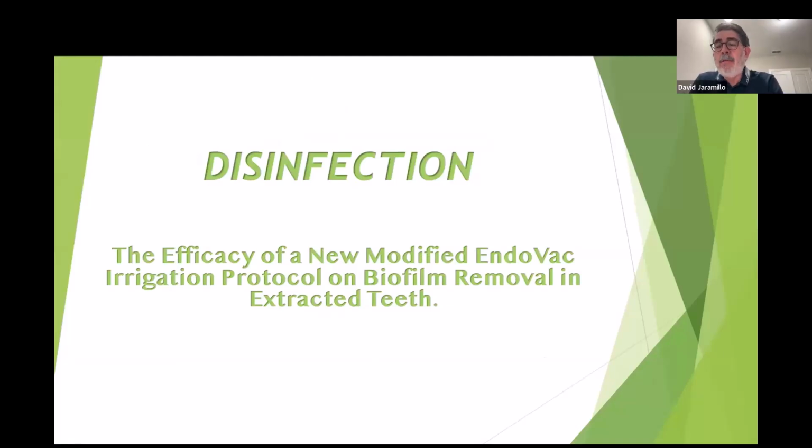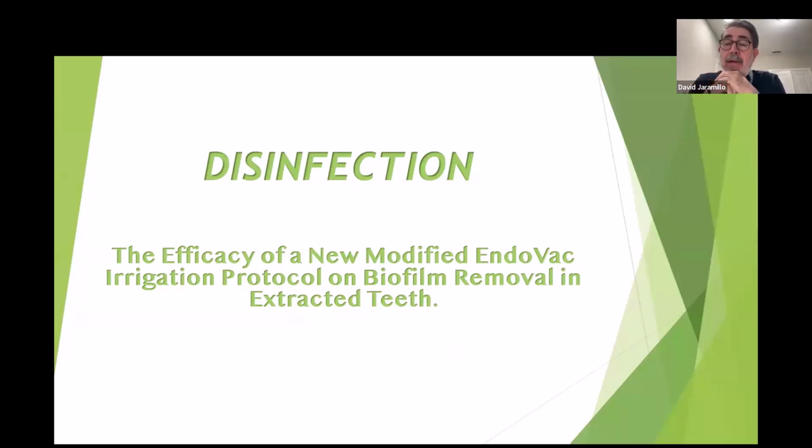Several years ago, Dr. what is his name? I forget his name right now, but he came up with the concept of negative pressure, and he launched what is known as the EndoVac. EndoVac is a device that uses suction, and we use two different types of cannulas.